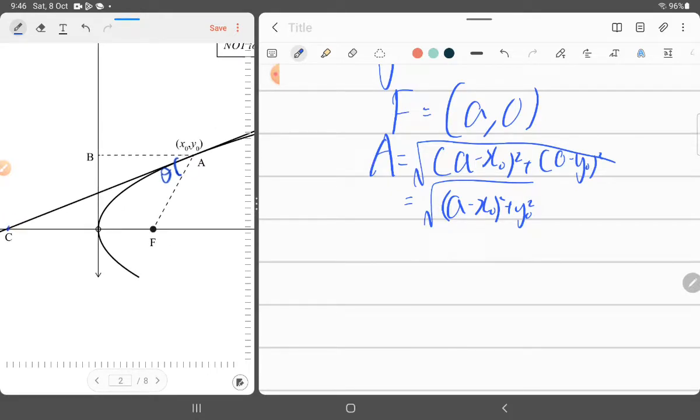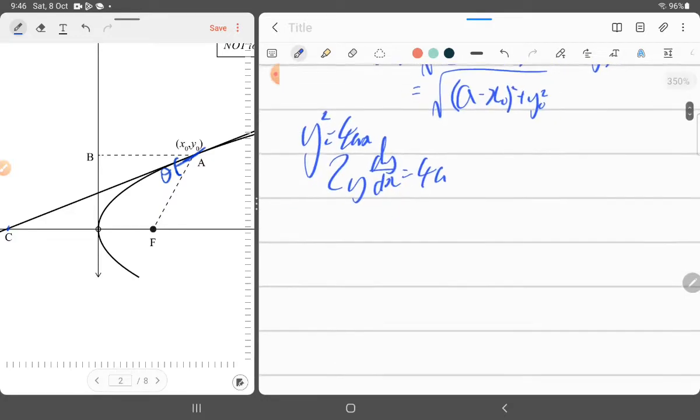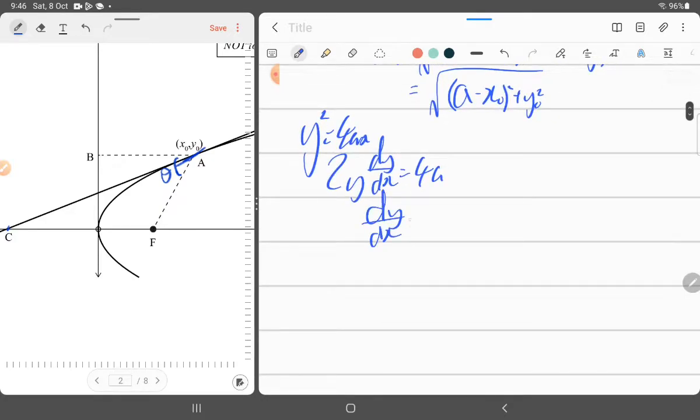Okay, so we can get the derivative here. Because y squared is equal to 4ax, 2y dy over dx is equal to 4a, so dy over dx is equal to 2a over y. So dy over dx at x0, y0 is equal to 2a over y0.